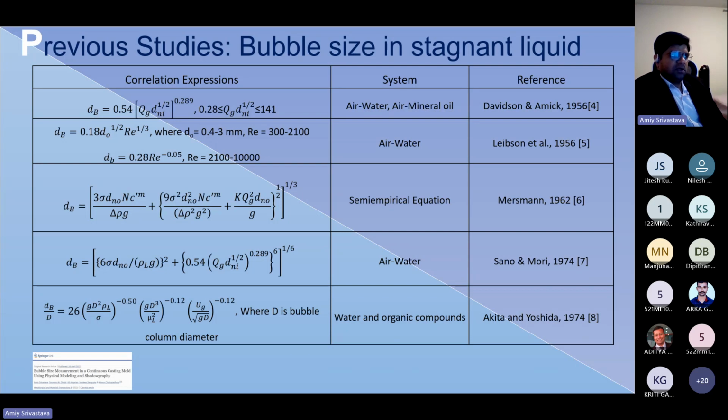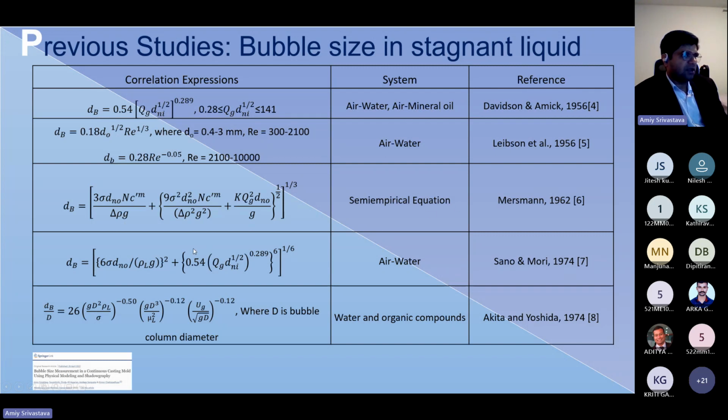I have found many equations for mean bubble diameter or initial bubble diameter. You can see how bubble diameter depends on the gas flow rate, the inner diameter of the nozzle, and the outer diameter of the nozzle.